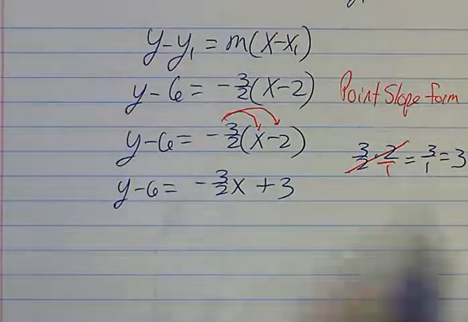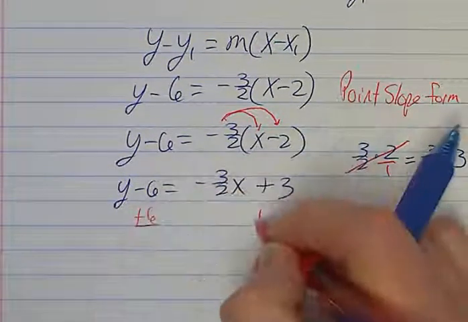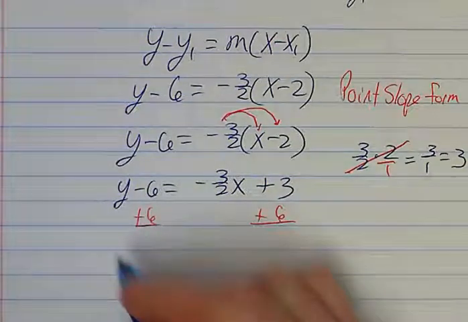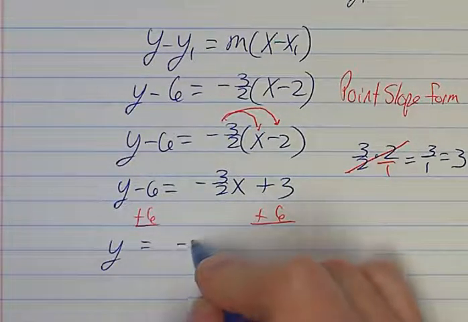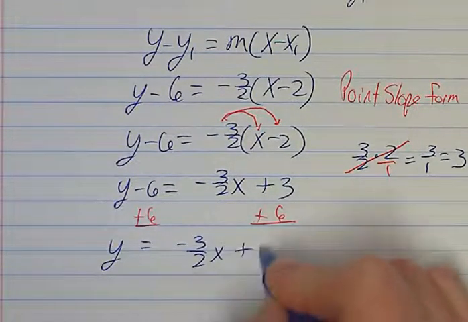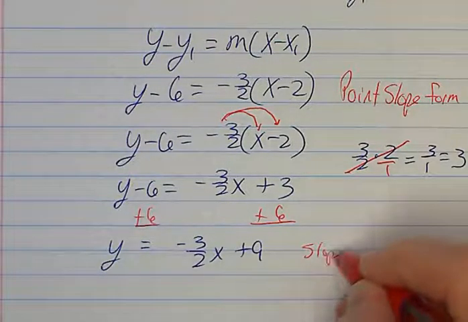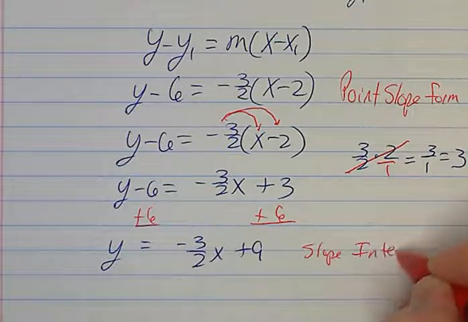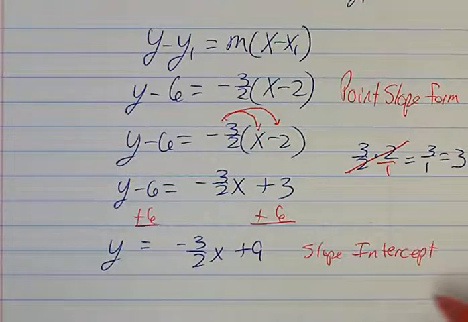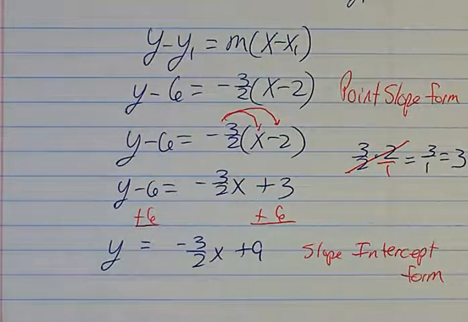Alright, and then one last thing, add the 6 to both sides. Okay, and that's the back end of 2.4.